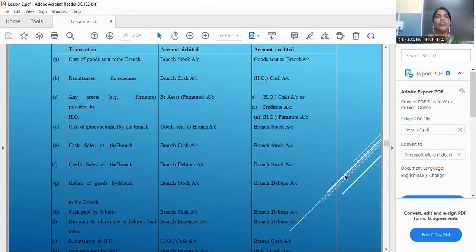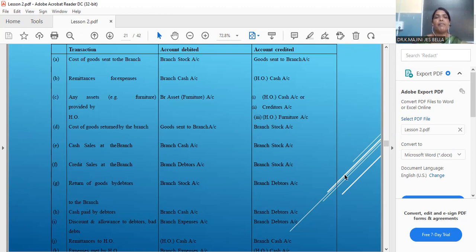So the first one is cost of goods sent to the branch. Account debited is branch stock account; account credited, goods sent to branch account. The second one is remittances for expenses. Branch cash account is debited, and head office cash account is credited. Next, any assets, that is furniture provided by the head office.